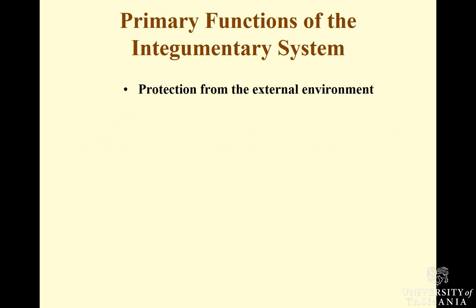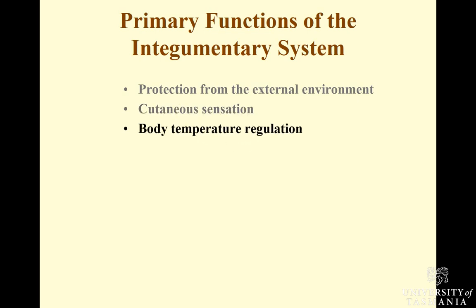So the primary functions of the integumentary system, of course, because it's our outer barrier from the external environment, of course it protects us from the external environment. It's responsible for us getting information about our environment, so we have cutaneous sensation. It's involved in regulating our body temperature, so body temperature homeostasis or thermoregulation.